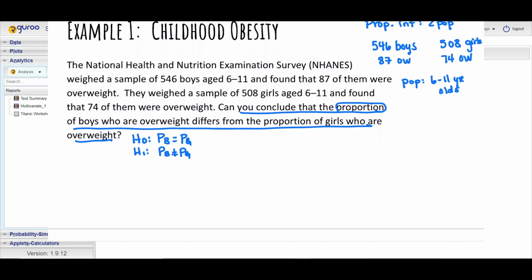Just write it like that. Pretty much we have everything that we need, although it does ask about the response variable. So the response variable is we're trying to see if they're overweight or not. So I'm going to say the response variable is weight. And a success would be, yes, that they are overweight. I think we've got everything. We're missing a significance level, so I'm going to go with 0.05.